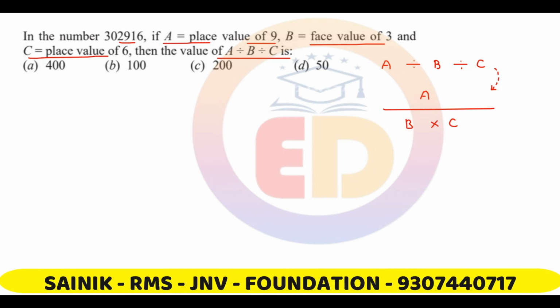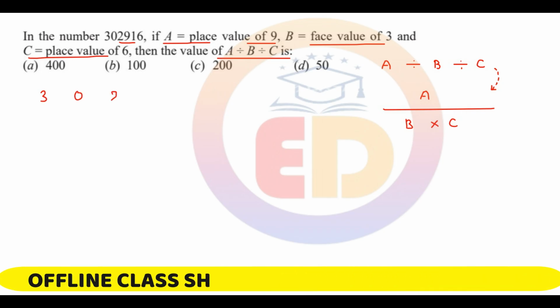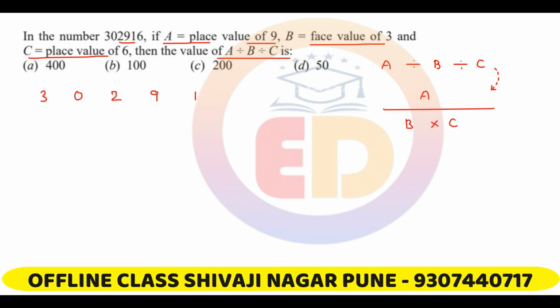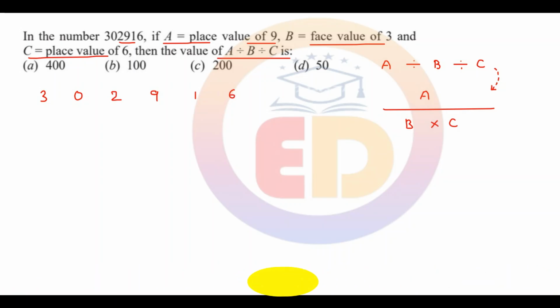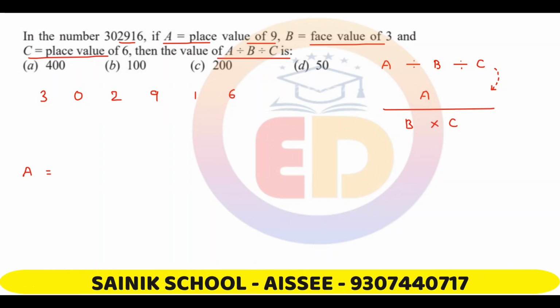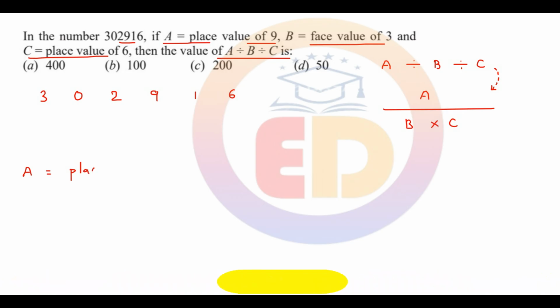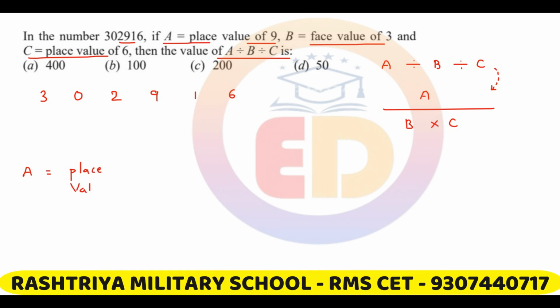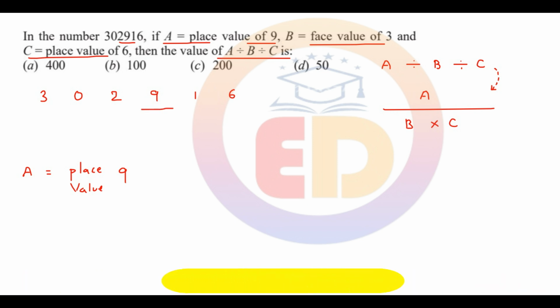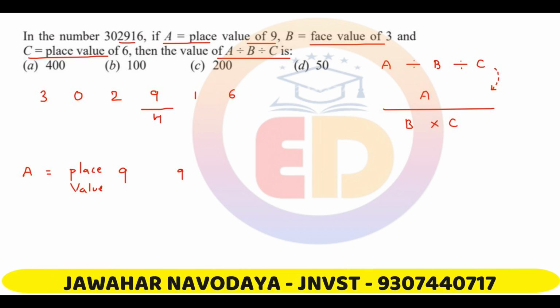Now let us find out the value of A, B and C. Number is 3,02,916. A is place value of 9. Now place value of 9, it is at hundreds place. So it is 9 into 100, 900.